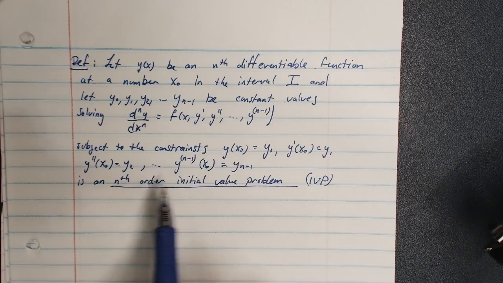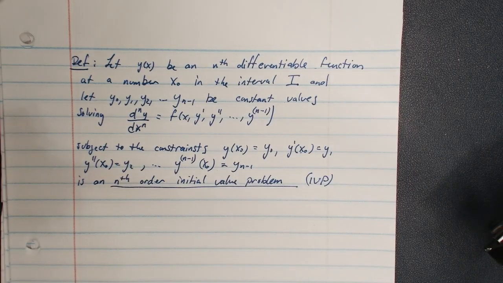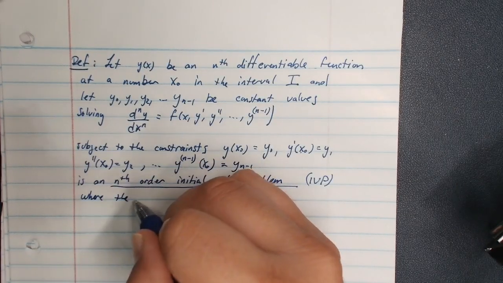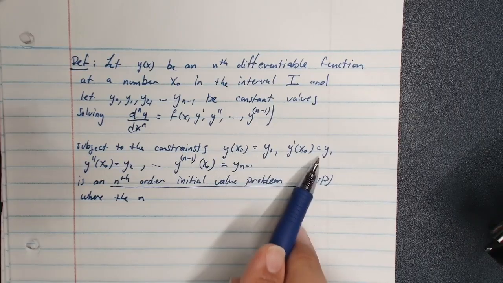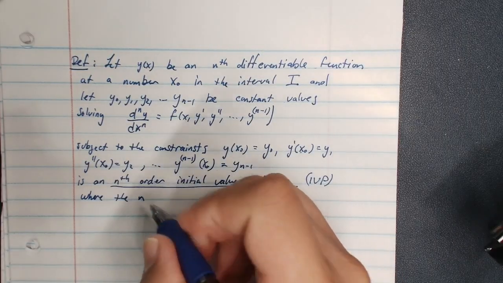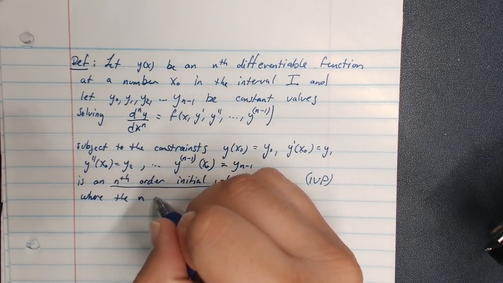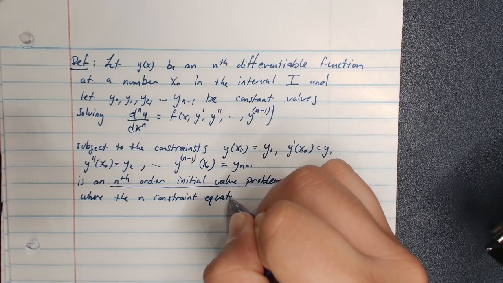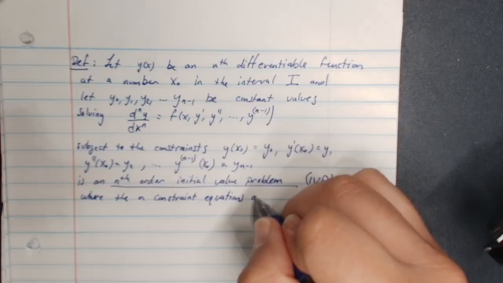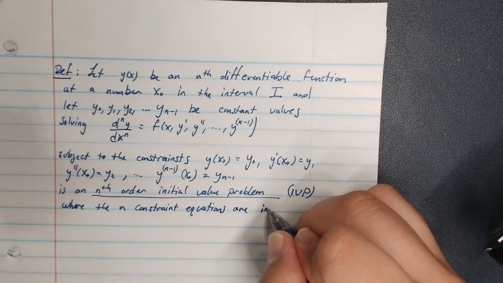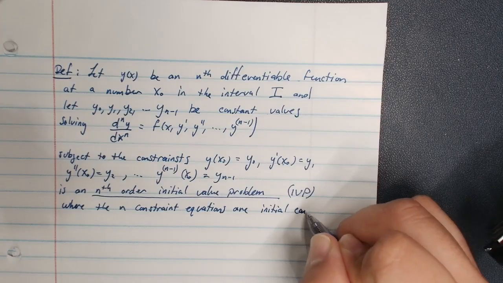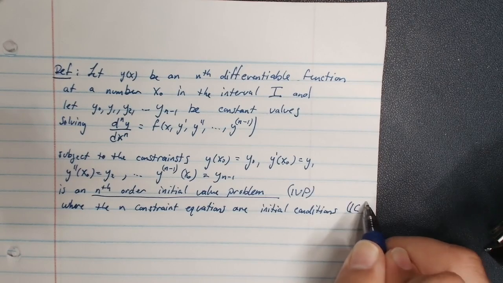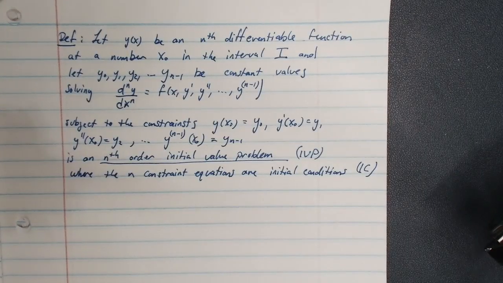The nth order part is sort of implied by the problem itself, by the equation, where the n constraint equations, this first equation, second equation, third equation, all the way up to this one, where the n constraint equations are called the initial conditions. Sometimes abbreviated IC for initial conditions, like that.